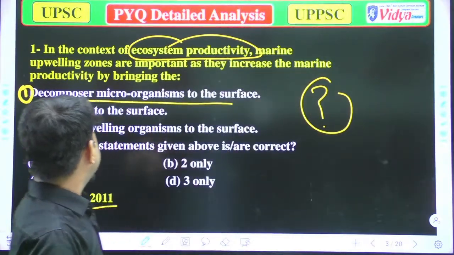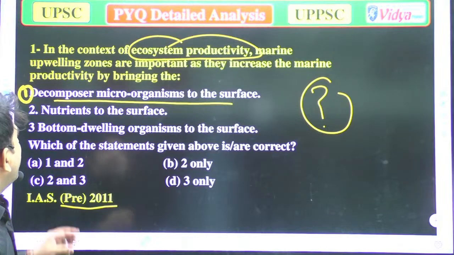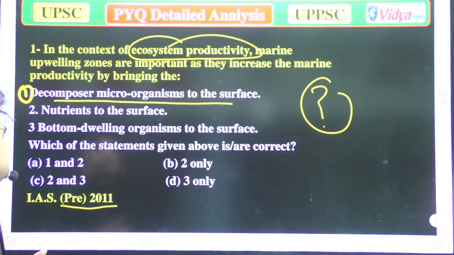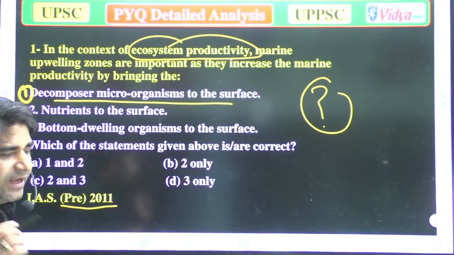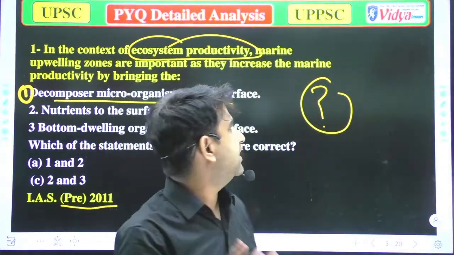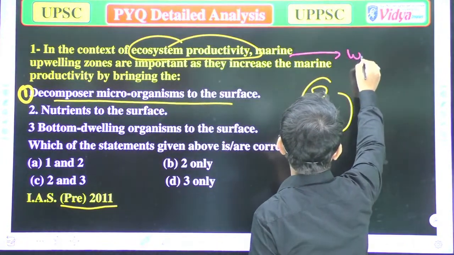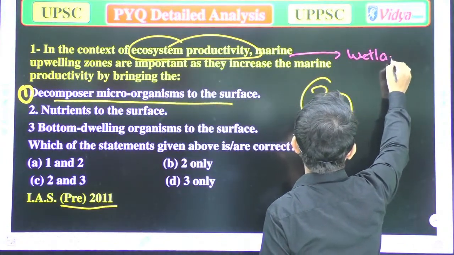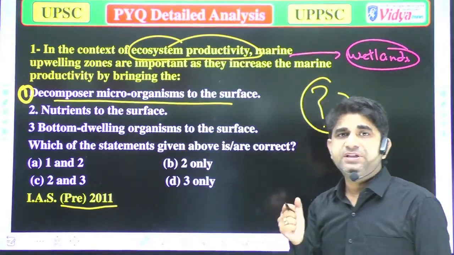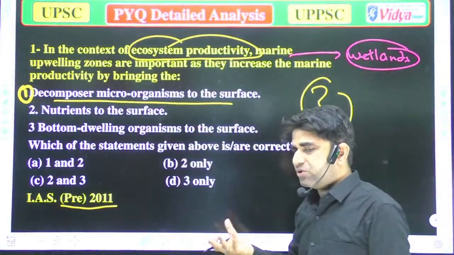So it's saying that in the context of ecosystem productivity, marine upwelling zones are important as they increase the marine productivity by bringing, in marine ecosystems or marine areas as well as wetland areas. Wetland areas are more biodiverse, and their productivity is also high.